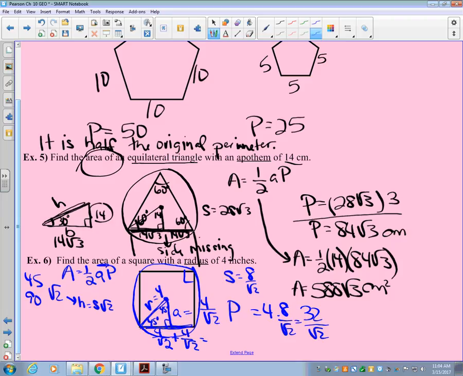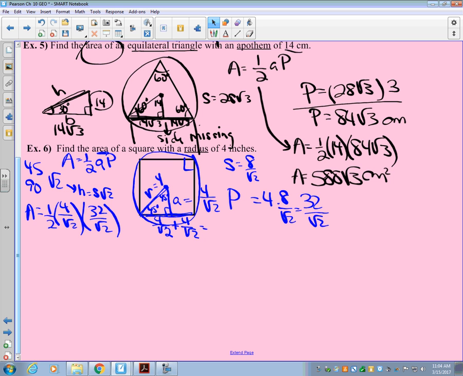And then we use 1/2 apothem times perimeter to find the area. 1/2 times the apothem, which was 4/√2, times 32/√2 is the perimeter. Now we can combine them. When it's multiplied, we can combine them together.